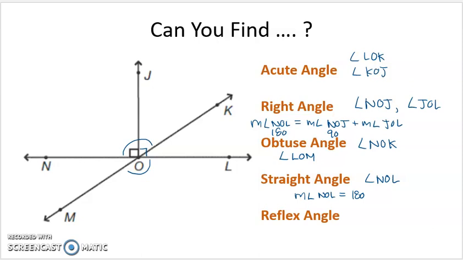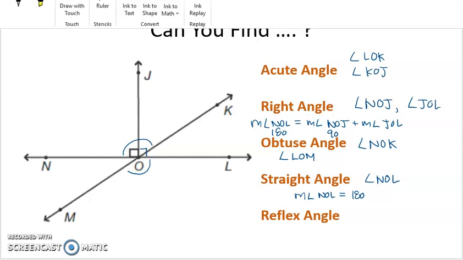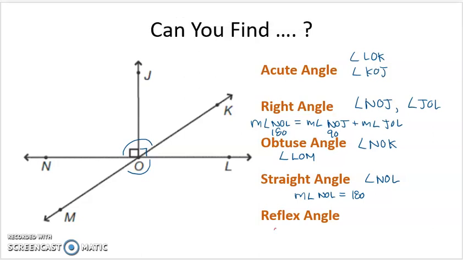So the reflex angle I have to identify with some marks. I'm going to get another color going here. I'll do it in pink. So I'm going to say that a reflex angle would be, here you go, here's one, angle JOM. And here's where you have to identify. Angle JOM could be this portion of the angle, and that would just be an obtuse angle.